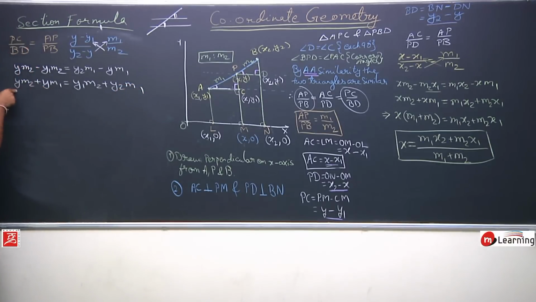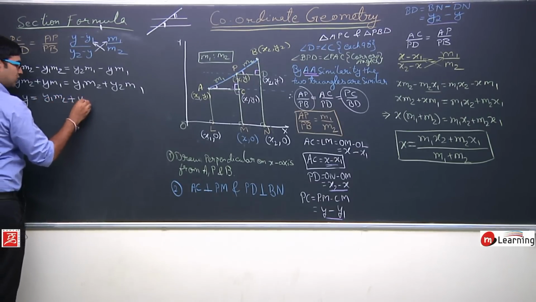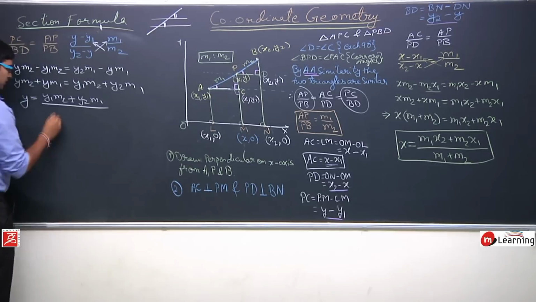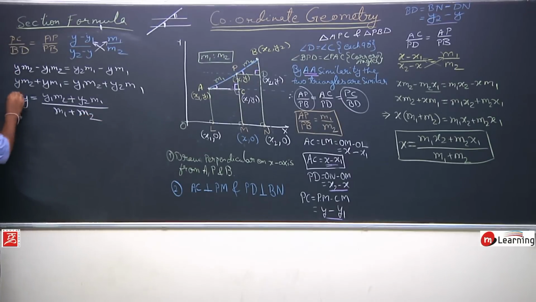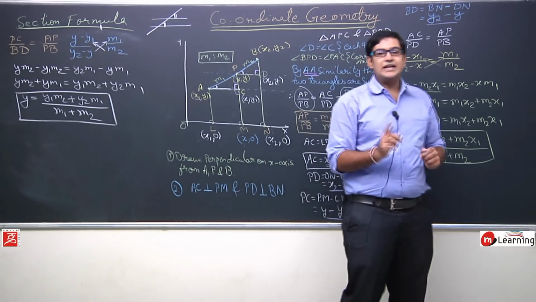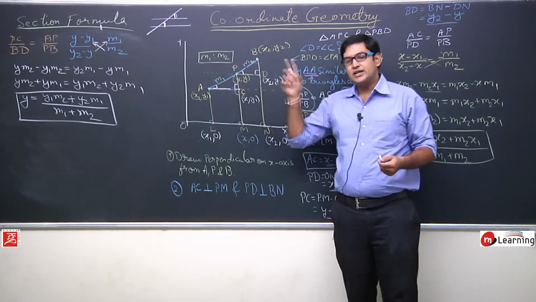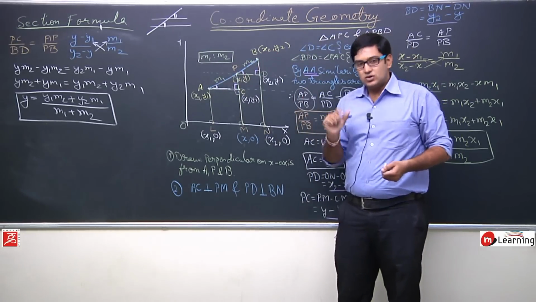Okay. So when you take y common from this relation, you will get the value of y is equals to y1 m2 plus y2 m1 upon m1 plus m2. So this will be the y coordinate of point P, which divides this AB line segment in m1 is to m2 ratio.